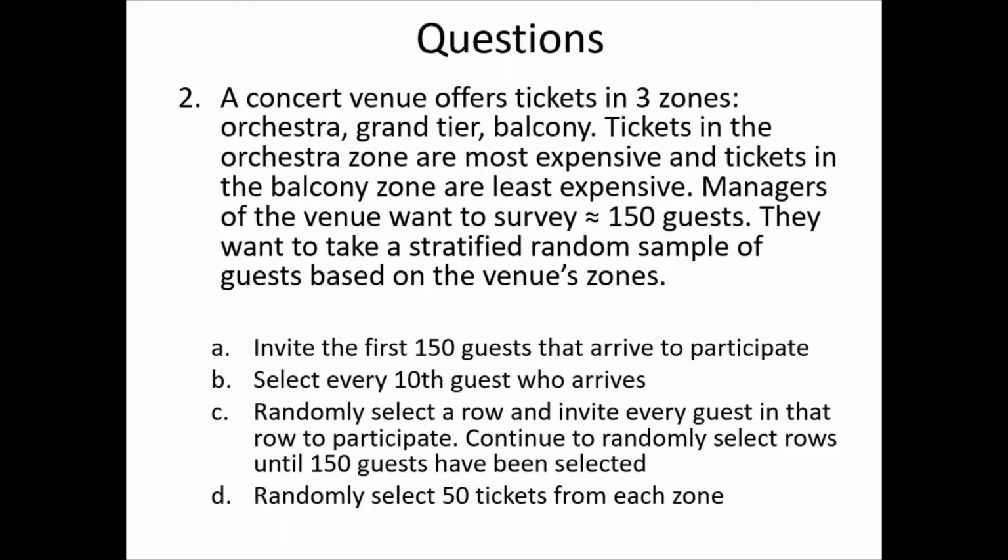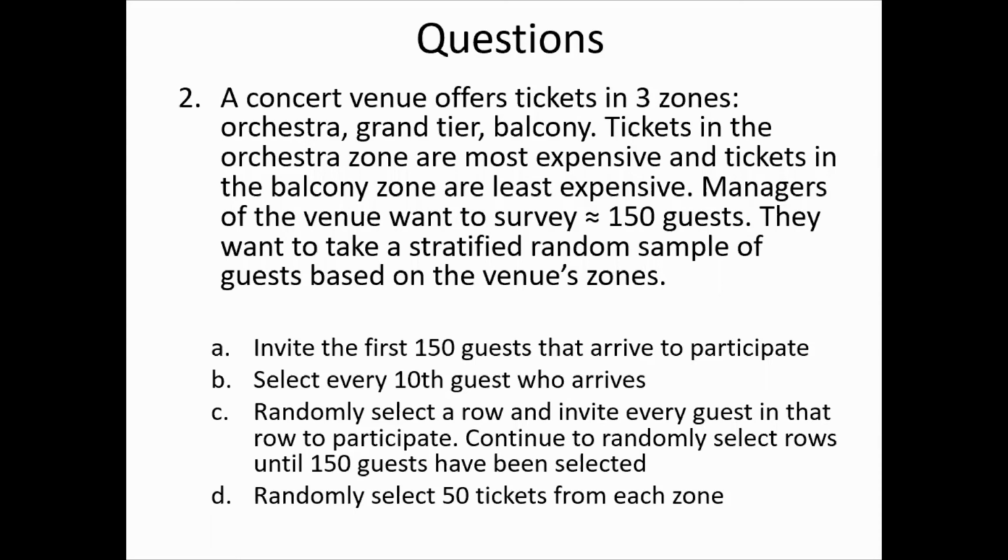There we go. Not necessarily the same characteristic, Robin, but every type of person has to be mixed up in this subset for it to be cluster. So it would have to be where you have the balcony, the grand tier, and the orchestra people mixed up in that row. And we know that's not possible because they're already in different zones.